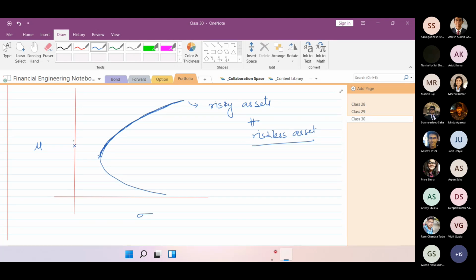Now I have a combination of risky and riskless assets. Are you getting this point? So if I take any point, basically sigma 1 and mu 1, and for any return, this would be the line.